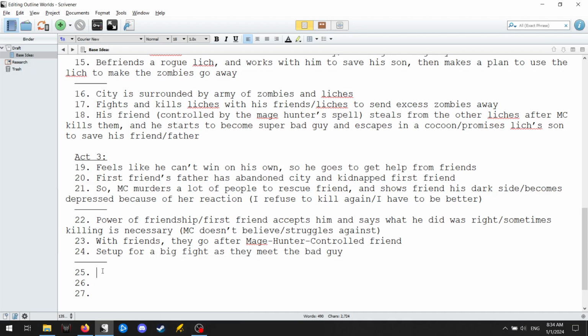We have the big final battle. So, big fight. And another friend dies because the MC couldn't kill his friend.